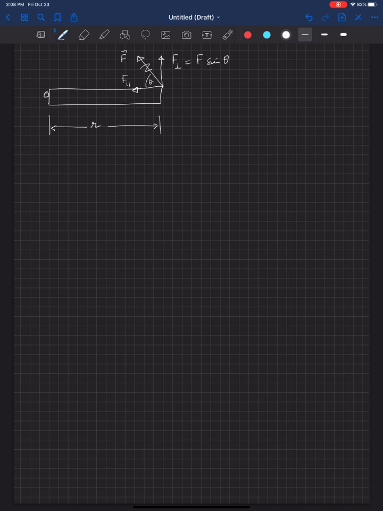All right. So now one can define torque in an alternate way by saying that torque tau is F perpendicular times the distance to the axis, which is r.